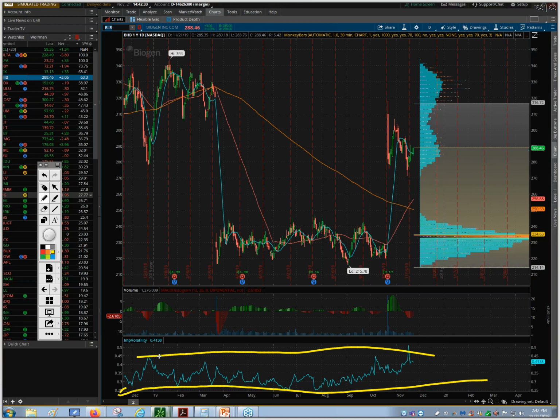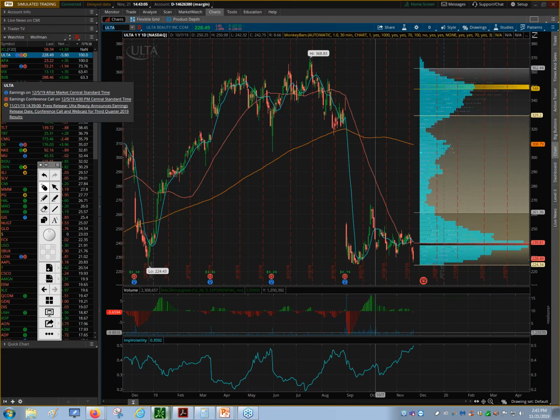In Biogen, it's getting a major spike right now, which is kind of an outlier. Maybe they have a drug trial coming out or something like that. It probably was just because of that big drop right there. But generally speaking, they will stay within somewhat of a range-bound area.